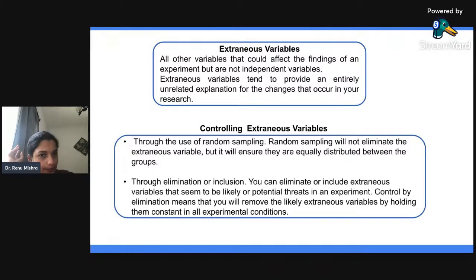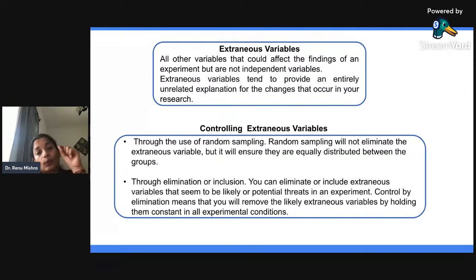So you have to keep in mind that extraneous variables might be there in your research, especially when you have a large number of variables in consideration. Then you may consider that my research can have a scope of getting extraneous variables.